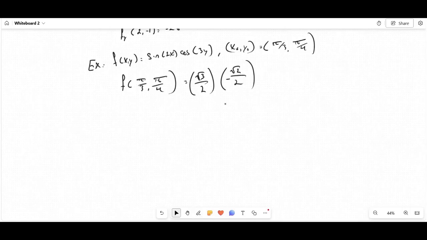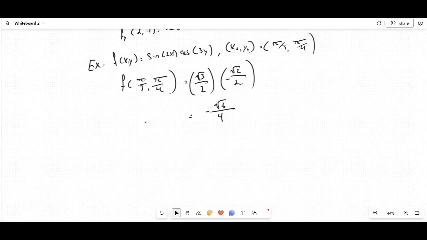I believe it. This should have a negative sign on it. It equals negative root 6 over 4 at the starting point, pi over 3, pi over 4. That's what the function equals.